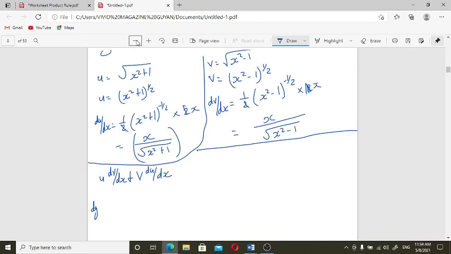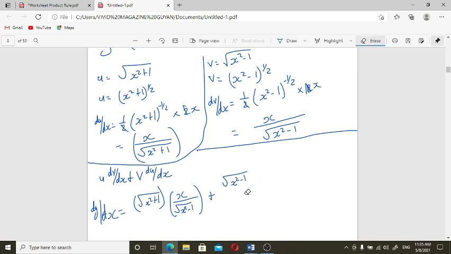So dy upon dx, u is the root of x squared plus 1, dv dx is x divided by the root of x squared minus 1, which is now added to v, which is the root of x squared minus 1. I shouldn't put this division sign as yet.